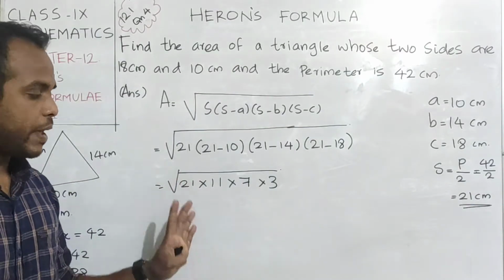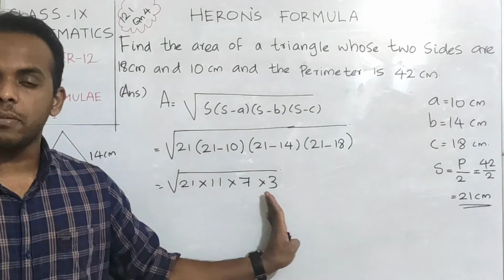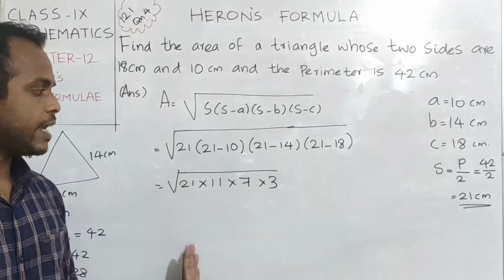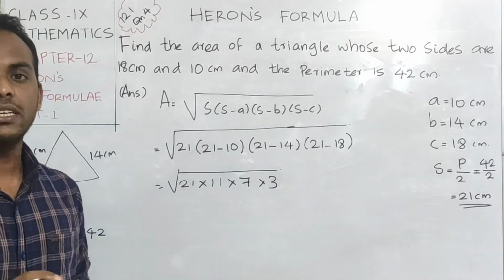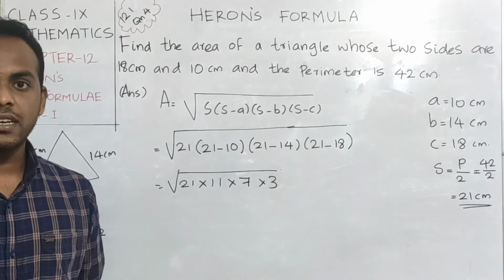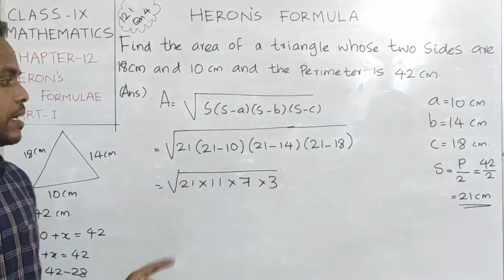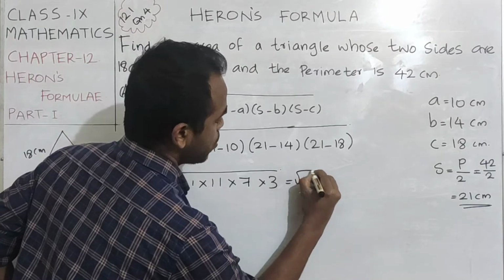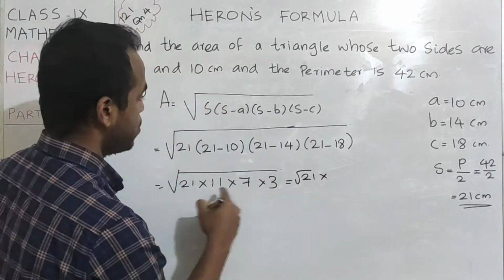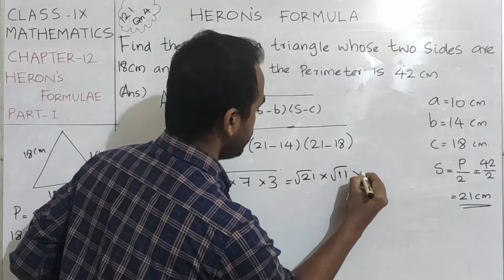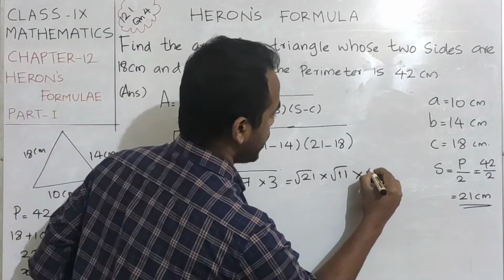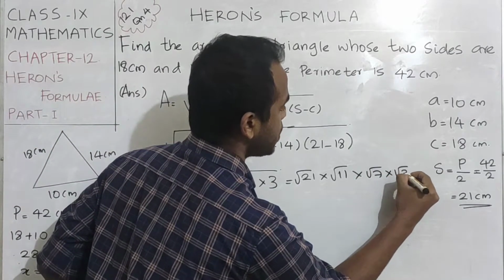You can do it in two ways. The first one is to multiply all the numbers inside the root, then take the root. But that is a bit of a mammoth task. It's a big task. So I would recommend you to split all the terms. That is, this can be written as root of 21 into root of 11 into root of 7 times root of 3.